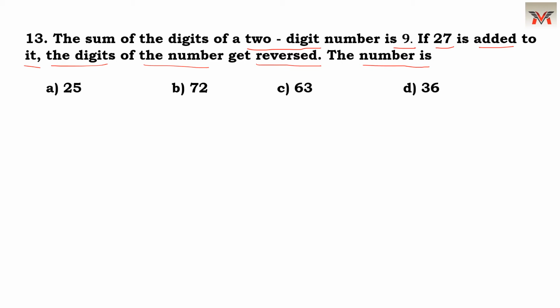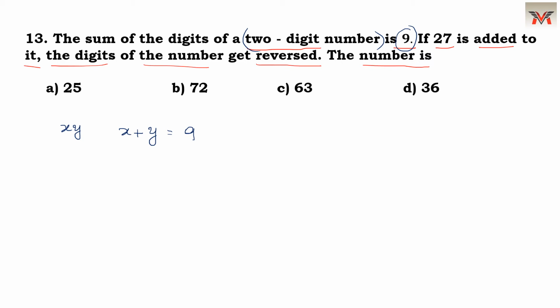Okay, so how can we proceed with this problem? If you observe what they have given, it's a two-digit number. So I can take the two-digit number as xy. What they have given is that the sum is 9. That means x plus y is equal to 9. It is like the sum of the digits is 9.